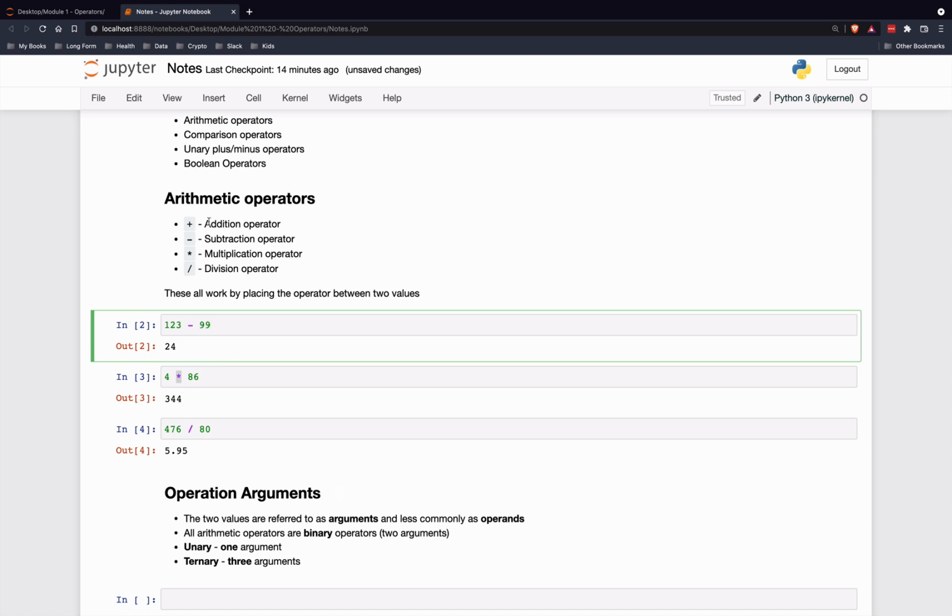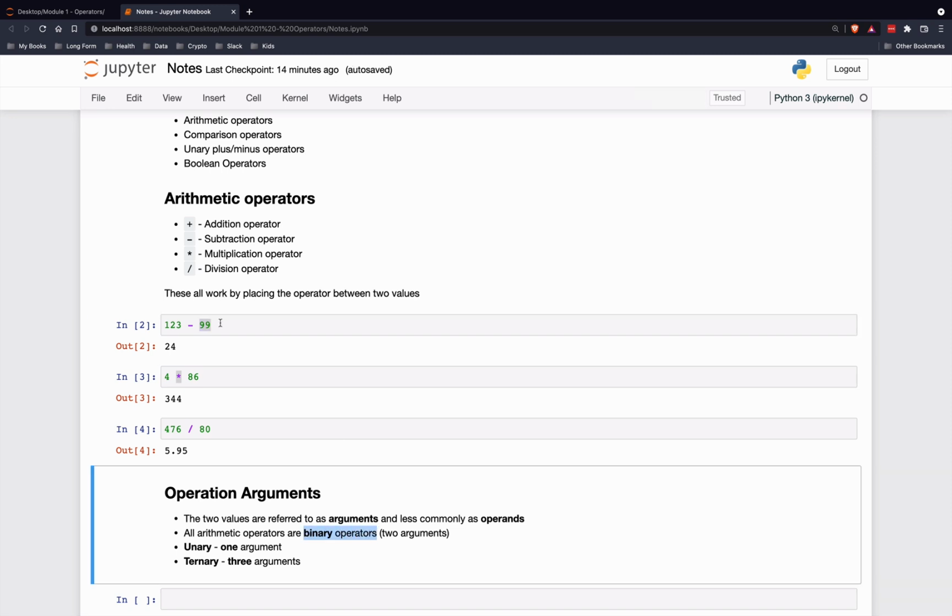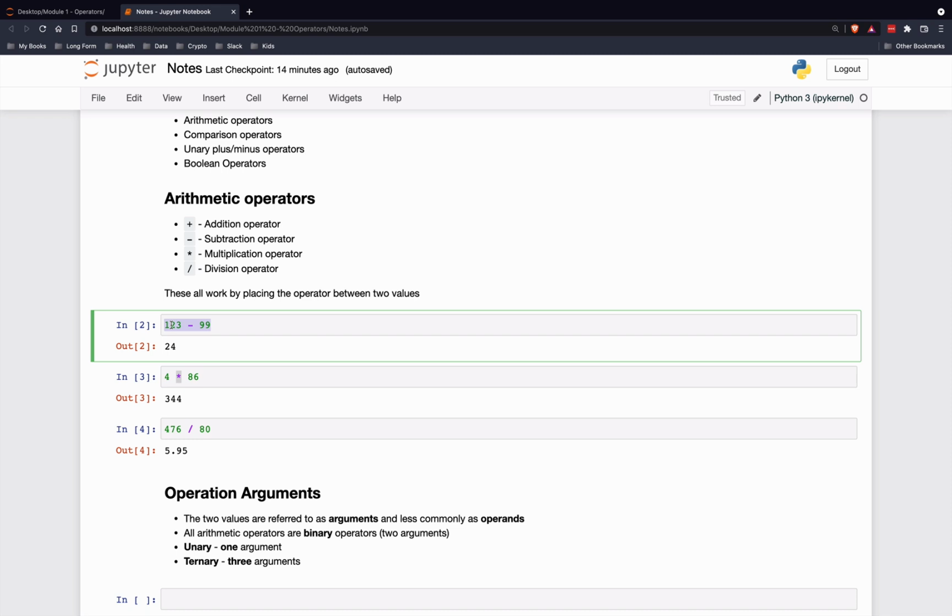We can classify different operators based on how many arguments there are. All of the arithmetic operators have two and only two arguments, so these are called binary operators. This is another way to categorize them. There are two arguments, 1, 2. Binary just means 2.